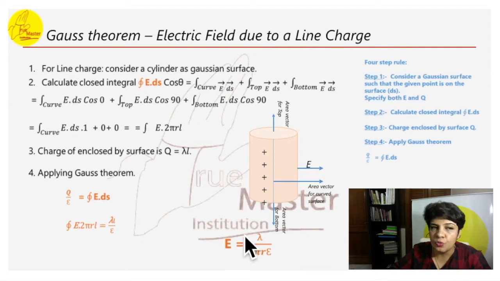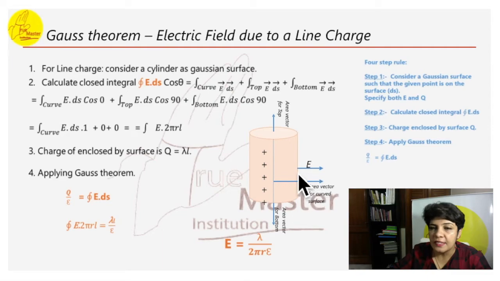Step 2 is to calculate closed integral E dot ds. Here ds for the cylinder will be in 3 parts: bottom of the cylinder, curved surface of the cylinder and top of the cylinder. Now look at the theta for the bottom and top of the cylinder; it will be a 90-degree angle.